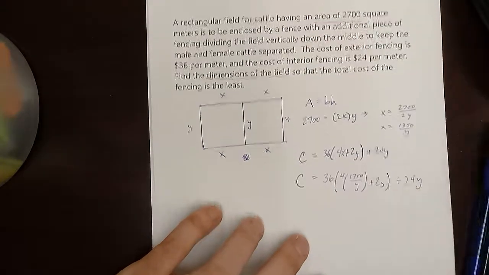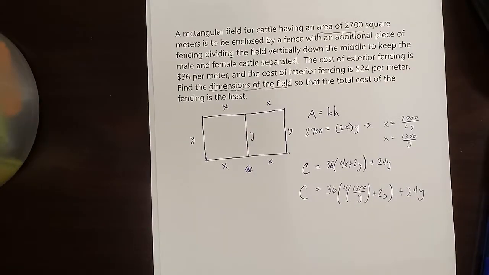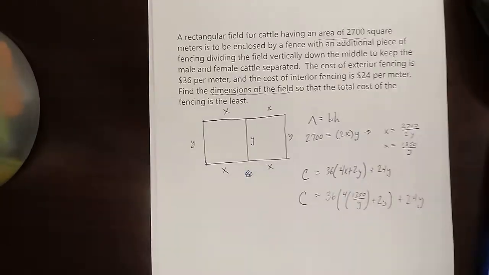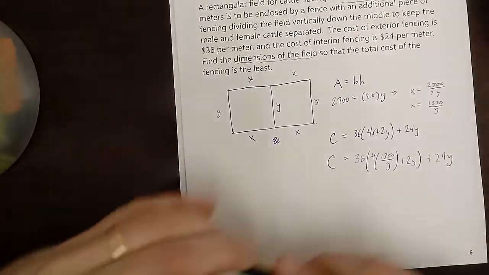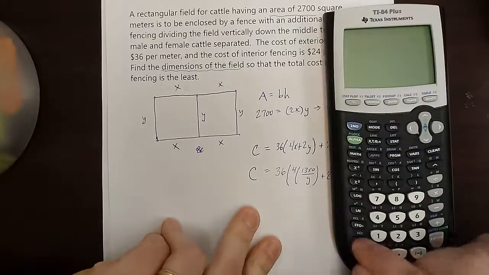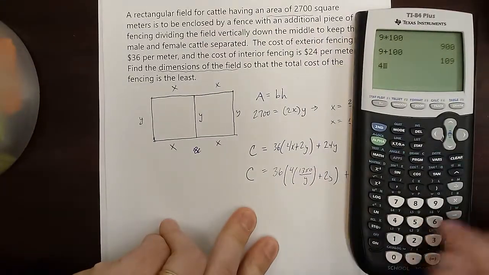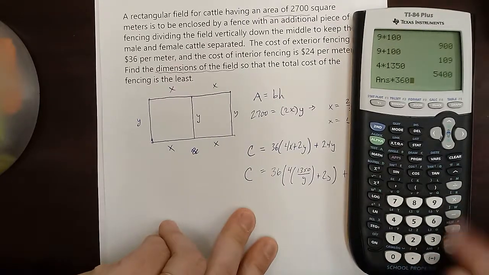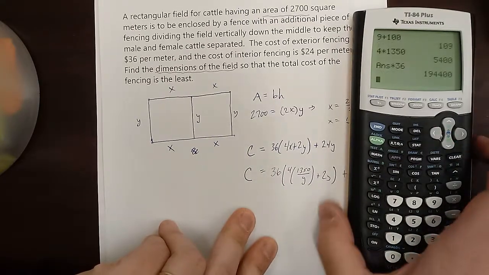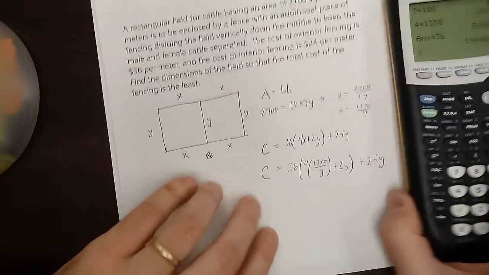And let me do that in my head really quick. Let's see. 36 times 1350. In my head, I got 194,400.